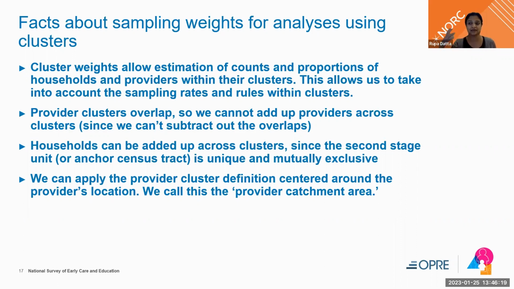So when we're thinking about how we can use provider clusters and cluster aggregates in our analyses, we have to be cautious that we're not trying to use the provider clusters as observations, or that we're not trying to sum up providers across clusters. Households, because they are uniquely located in the anchor tracts, they actually can be summed up, but the clusters themselves can't be, and we want to be very cautious about how we handle providers.